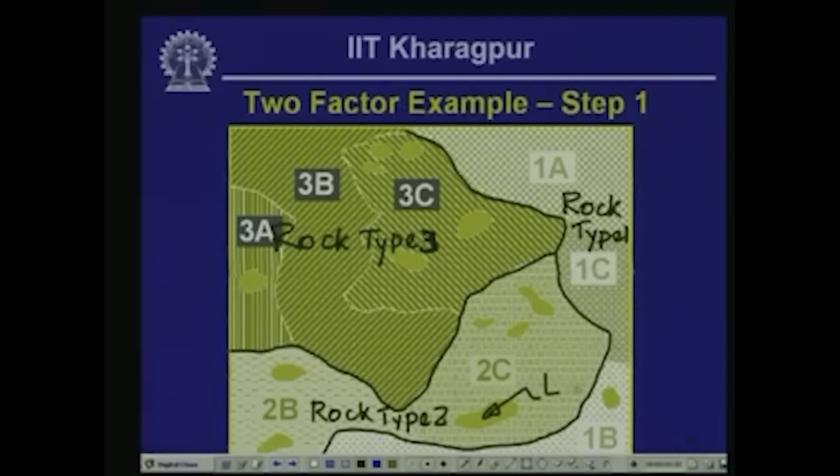So, these are landslide deposits, landslide areas.